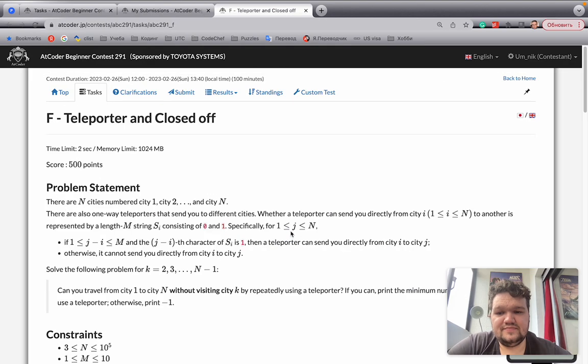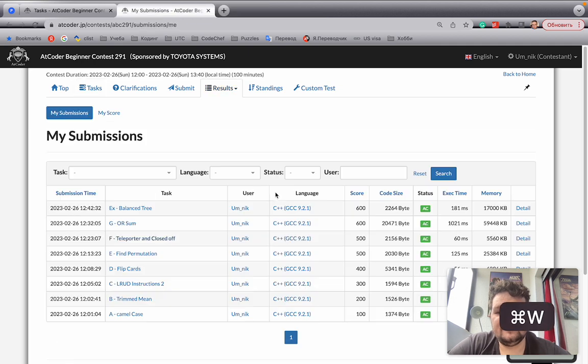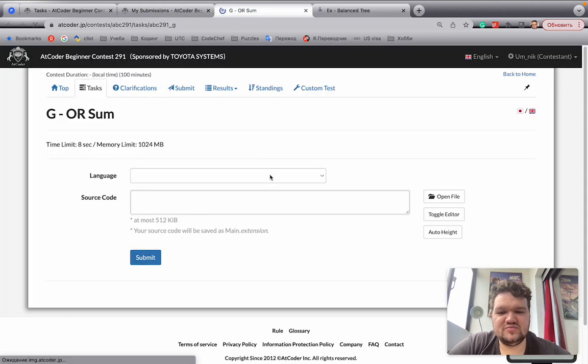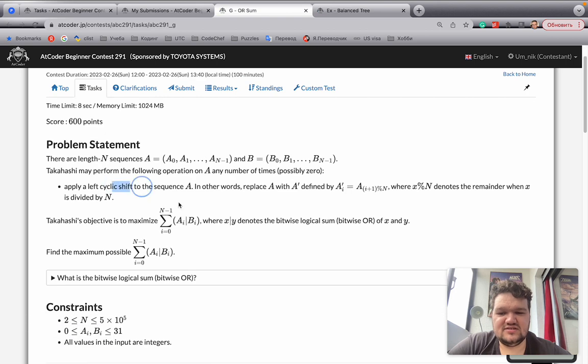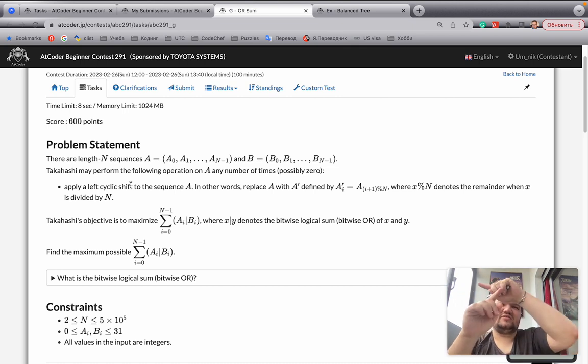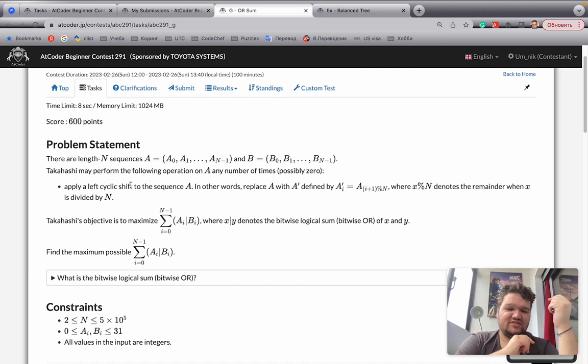Alright. So that's problem F. Problem G was about the fact that cyclic shifts equals FFT. So when you want to calculate something for all cyclic shifts, for a fixed cyclic shift it means we should match like this, but if you reverse one of the arrays it will be matching like this.